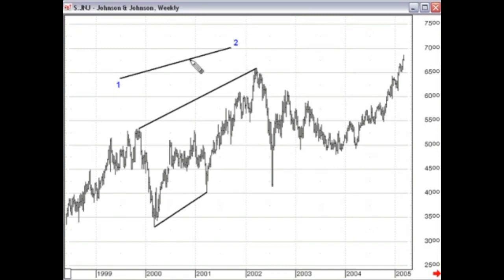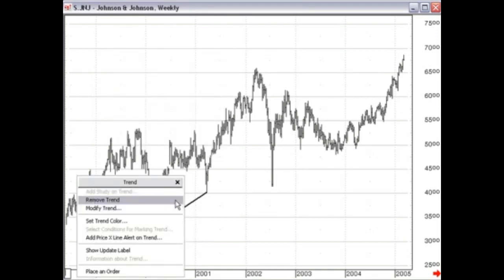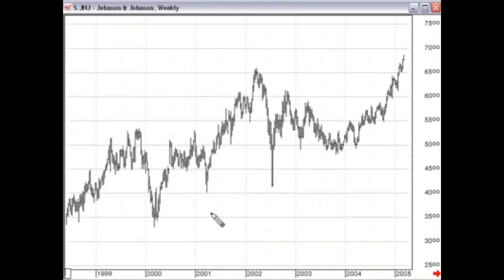Now, what does a trend line actually represent? Well, it represents actually the psychology of the market, specifically the psychology between the bulls and the bears. If you have an upward sloping trend line, it lets you know that the bulls are in control.